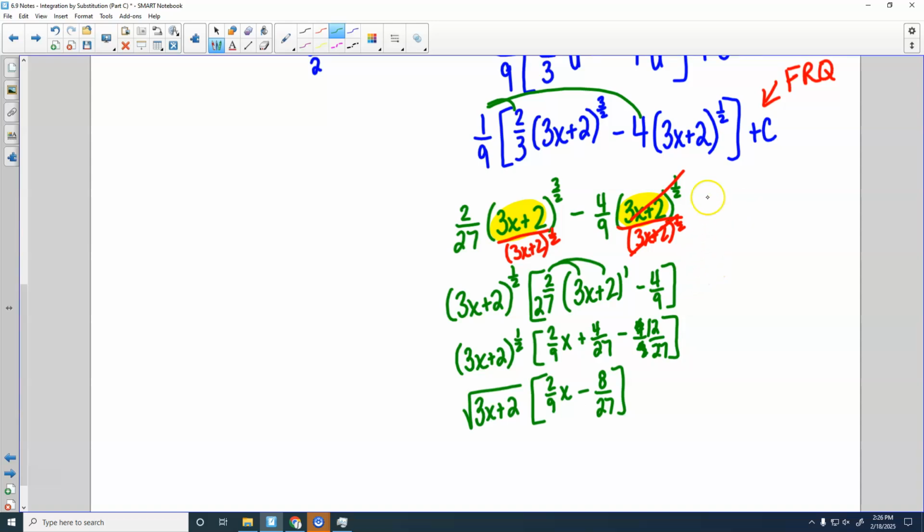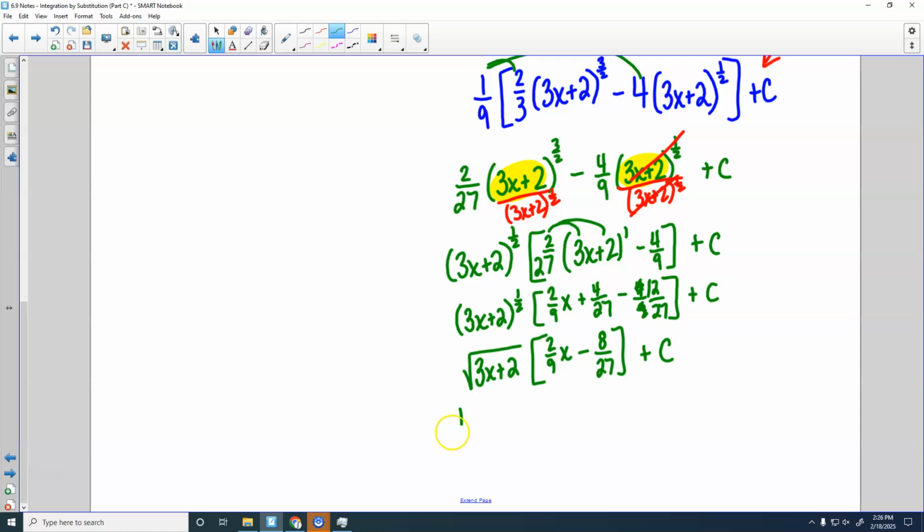Oh, yes, I've lost it. All of these down through here should have a plus C. There's a chance they're not even going to like those fractions right there. They might pull out a 1/27, which would be like multiplying both of these by 27, which here would just cancel. And then that would be a 3, and we cancel with that 9.